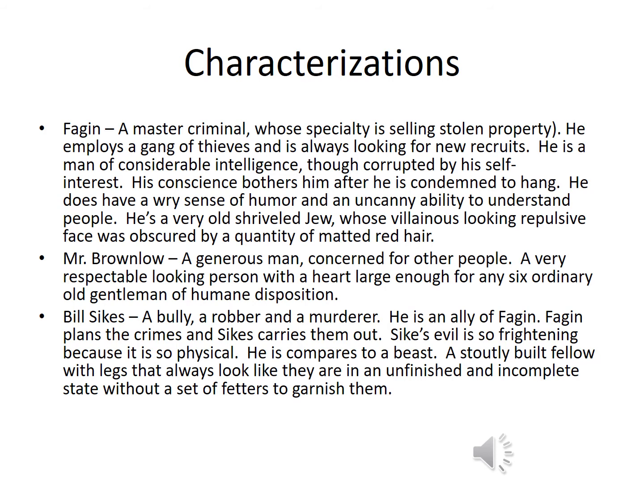His conscience bothers him after his contempt. He does have a very good sense of humor and an uncanny ability to understand people. He is a very sly, shoeless Jew whose villainous, repulsive face was obscured by a quantity of matted red hair.